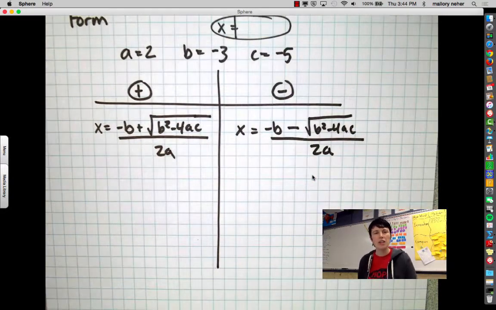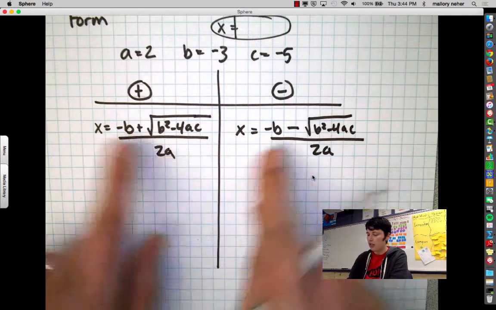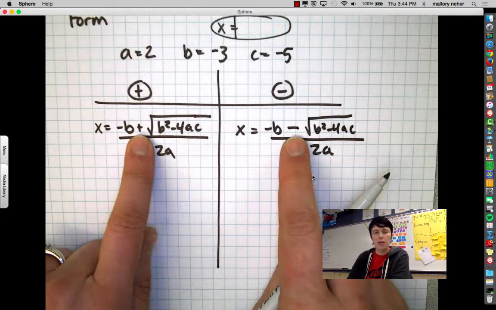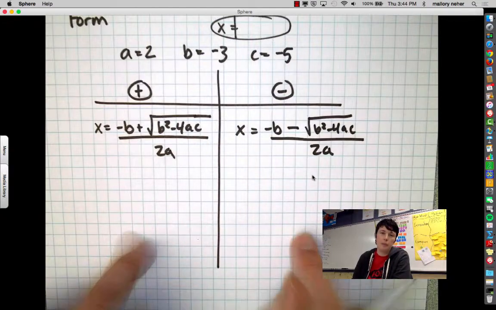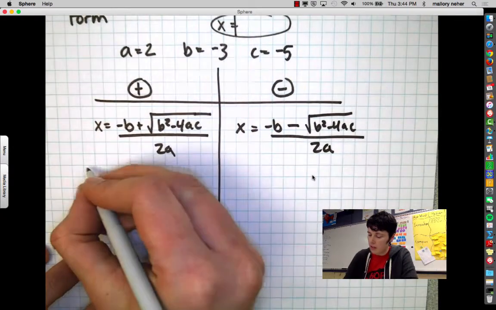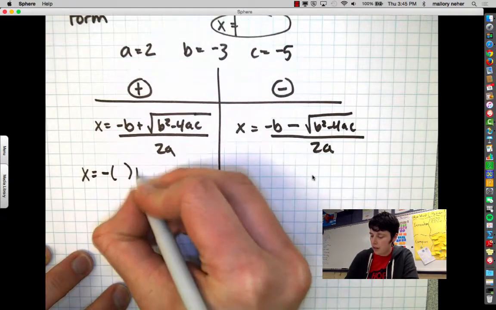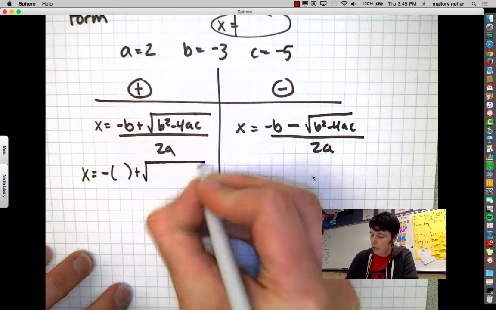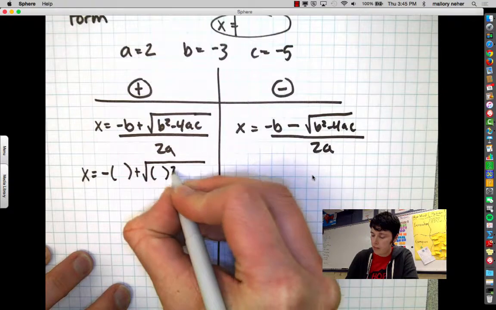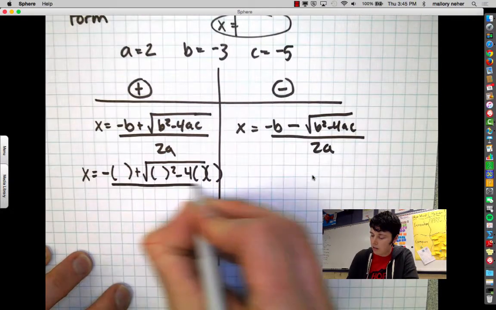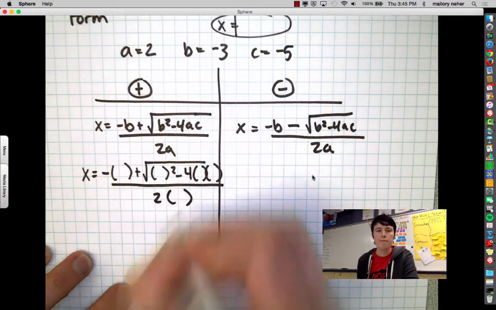Really take a good look at this. These two equations are identical. The only thing different is this is plus and this is minus. But I'm going to get two answers for x. So knowing how to solve, I'm going to go x equals negative b, so negative blank, plus the big square root of b squared, so blank squared, minus 4ac, so 4 times blank times blank, all over 2 times blank.